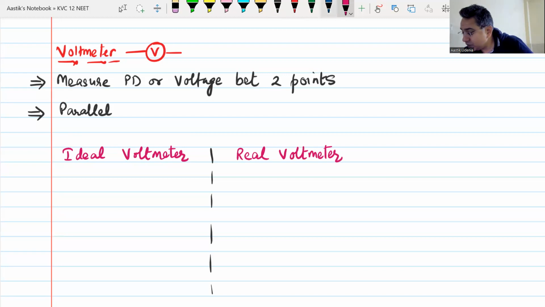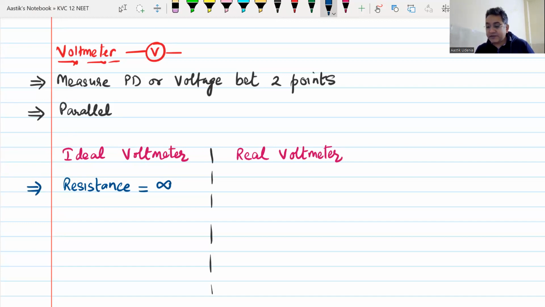Remember, listen to me very carefully, the resistance of an ideal voltmeter is infinite, very, very large. It has to be very, very large so that it does not draw any current from the circuit.